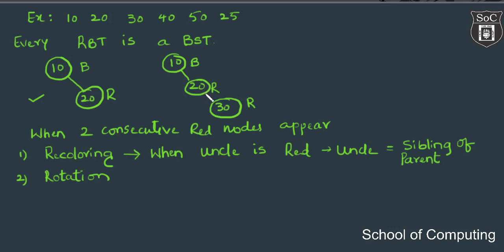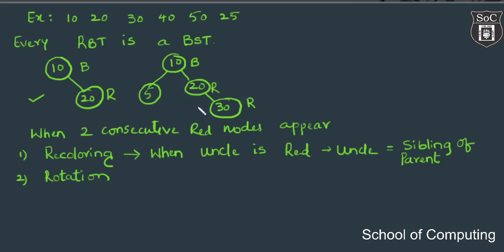Then who is called the uncle of 30? For example, if there is another child for 10, let us say 5 is another node. What is the relationship between 5 and 20? 5 and 20 are siblings. So for 30, 5 becomes uncle.